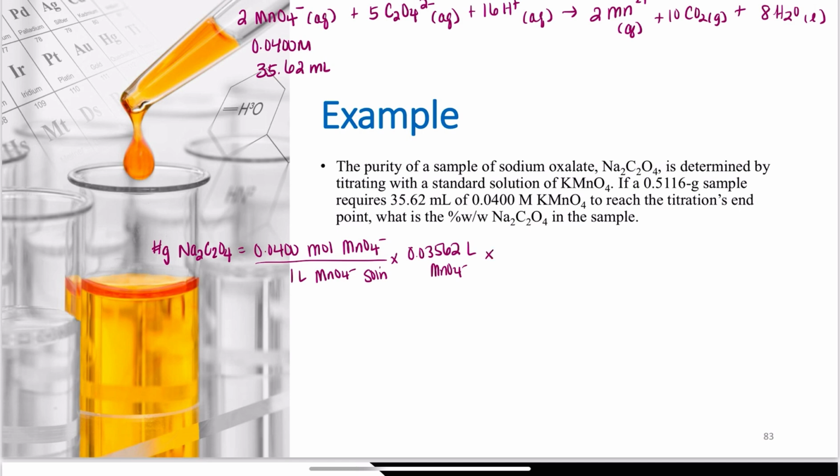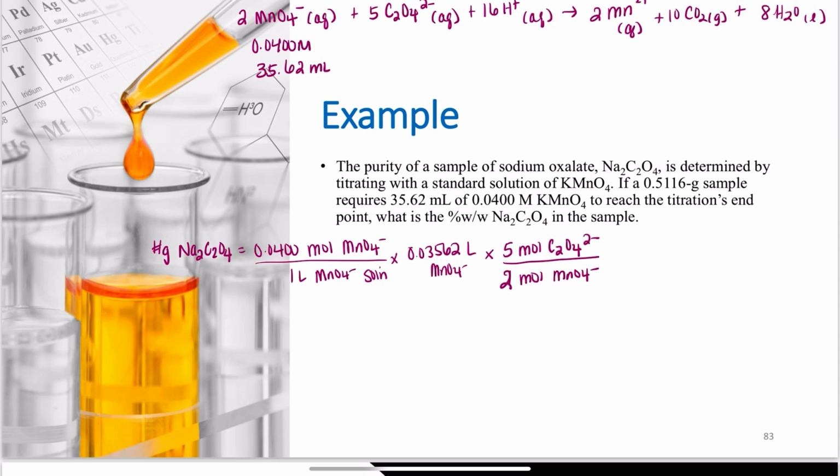Look at the balanced equation, and it's 5 moles of oxalate for every 1 mole of permanganate. Or sorry, every 2 moles. Yes, that's definitely a 2 there. Every 2 moles of permanganate.